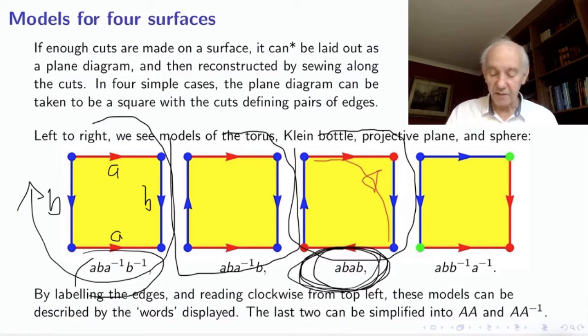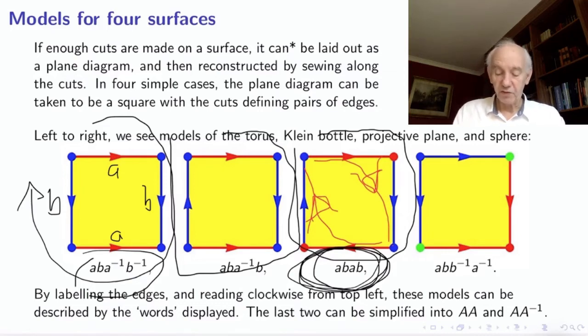But then the other problem is that the arrows are going in the same direction, unlike the sphere. So again, I could just use two arrows, but they'd be identified in the opposite direction. This is clockwise and this is anti-clockwise. So for this surface I could write capital A, A. I could use AA to represent this surface.